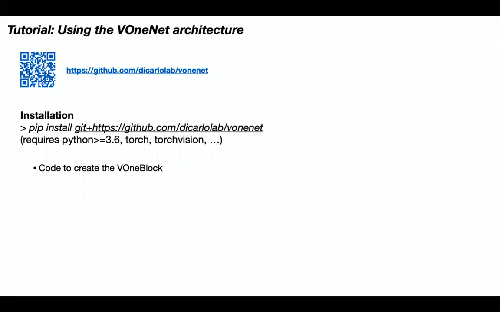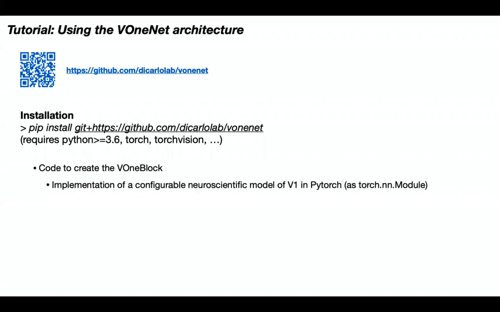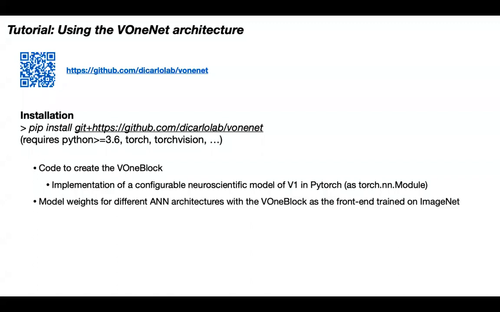With this, you'll have the code to create this VOne block, and it's in a configurable way, so we'll be able to change parameters of the VOne block. This implementation is all done in PyTorch, and it was implemented as a torch.nn.Module, which is a class that has several functionalities to interface with other types of modules in PyTorch.